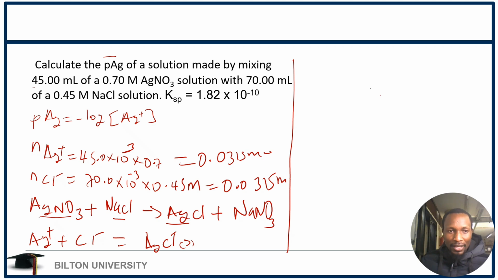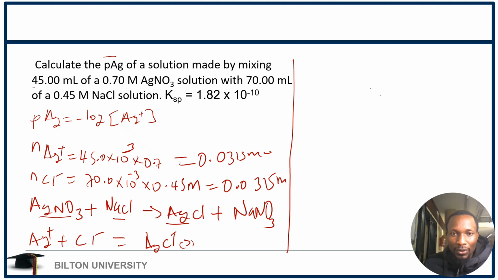So you can see that the moles of silver ions is 0.0315 moles, and the moles of chloride ions is also 0.0315. So what does this tell you? It tells you that the moles of silver ions and the moles of chloride ions are the same. It means that the chloride ions and the silver ions are in equilibrium, meaning that they are at a point of equivalence, and we are told to determine the pAg.